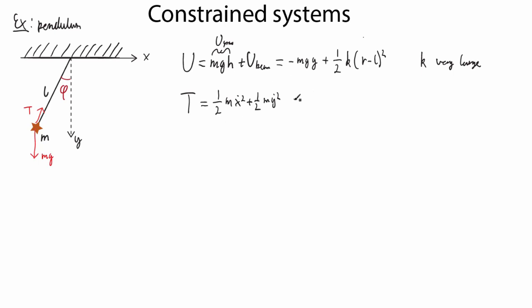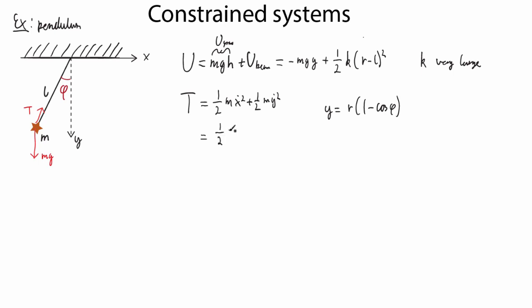The problem is that it's unnecessarily complex to do so. The first thing we'll note is that y here actually is going to be equal to r times (1 minus cosine phi).